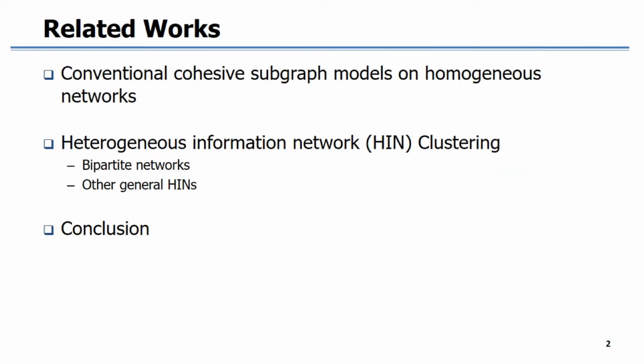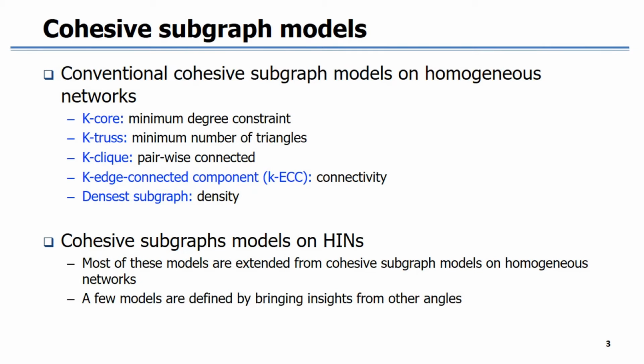Regarding related works, the following two topics are closely related to cohesive subgraph search on HINs, namely conventional cohesive subgraph models on homogeneous networks and heterogeneous information network clustering. Cohesive subgraph models on homogeneous networks have been extensively studied and many models have been proposed.